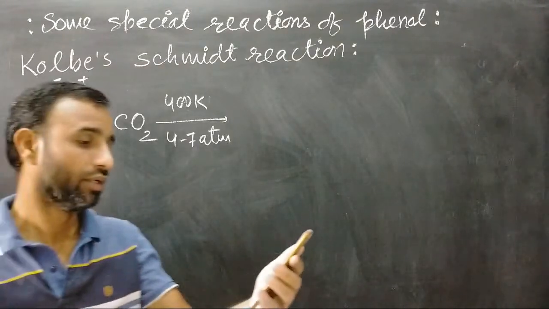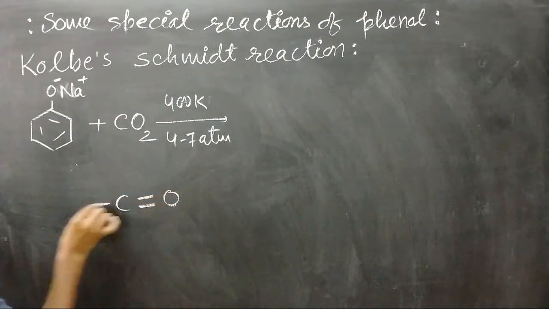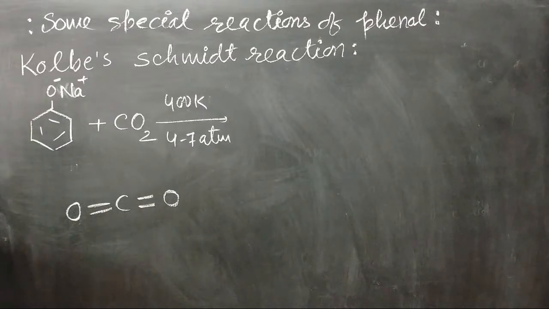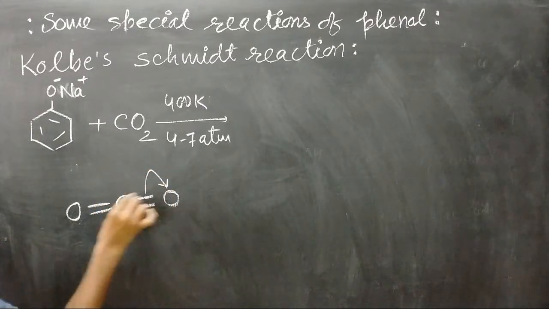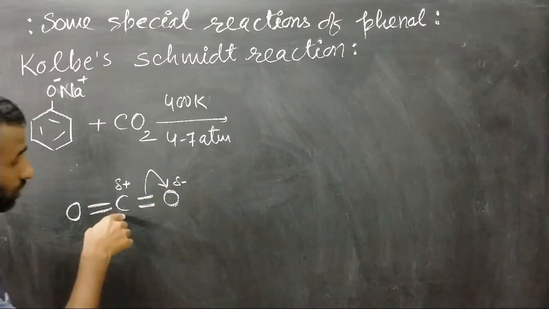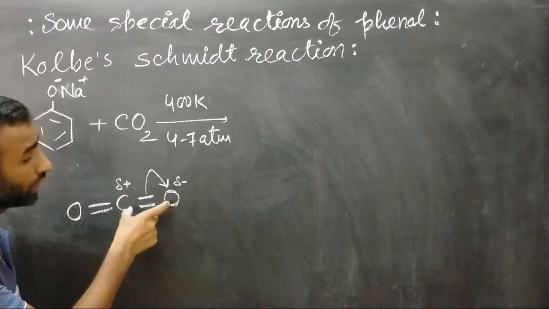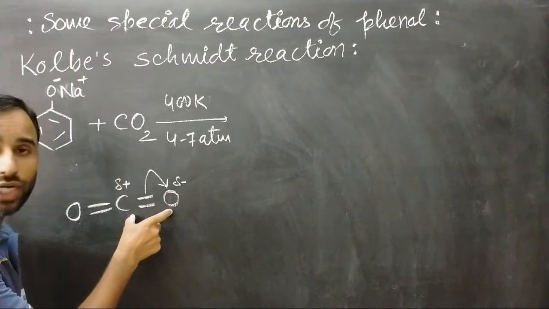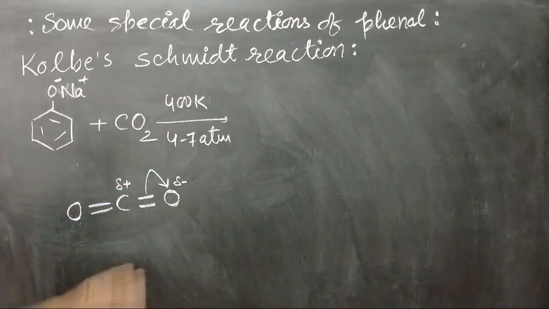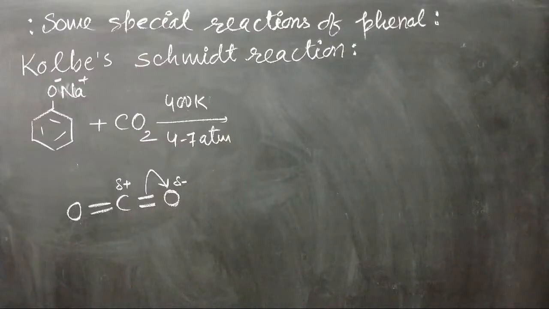It is electrophile because in CO2, this carbon is attached to more electronegative oxygen. So carbon has positive charge and oxygen has negative charge. Because this carbon has positive charge and because pi bond is formed between two atoms having different electronegativity and carbon is less electronegative, that's why this is an electrophile. Okay, so CO2 is an electrophile.